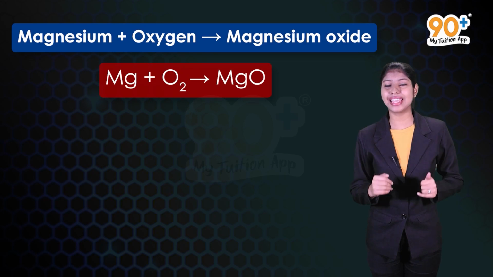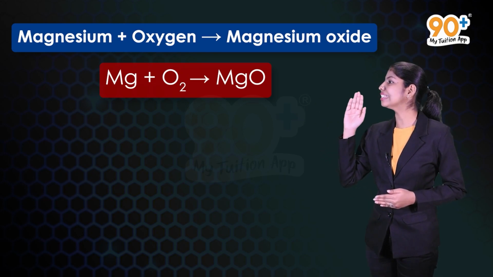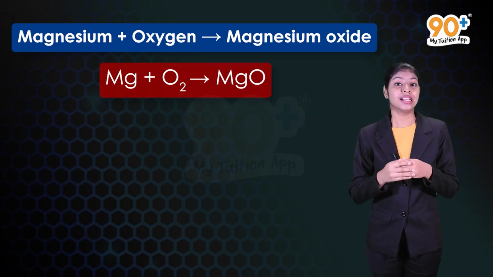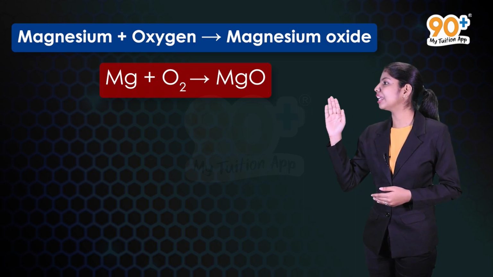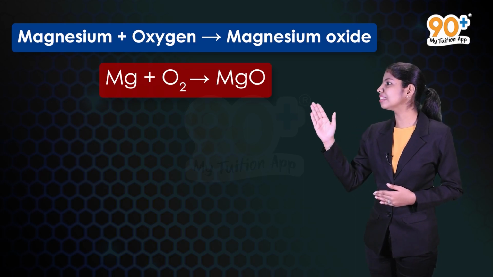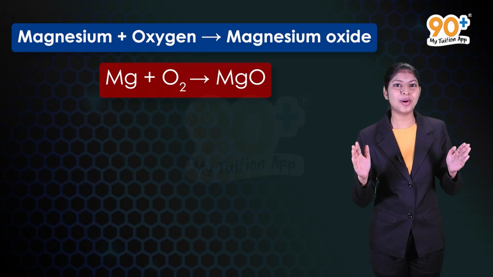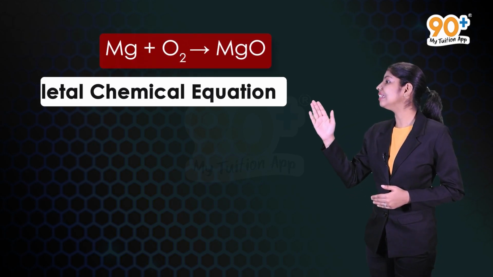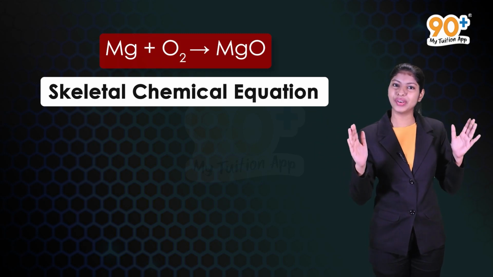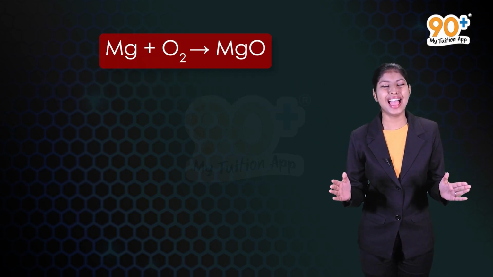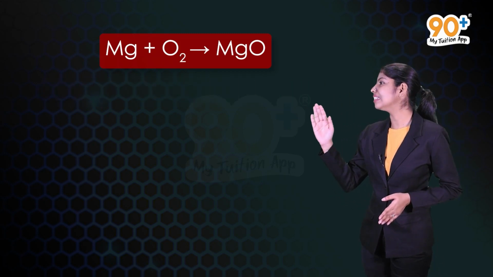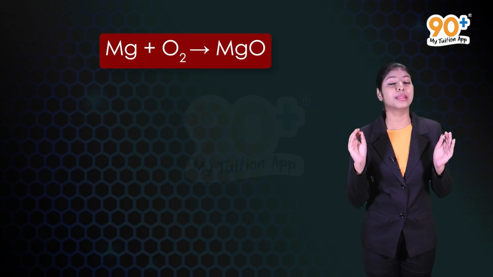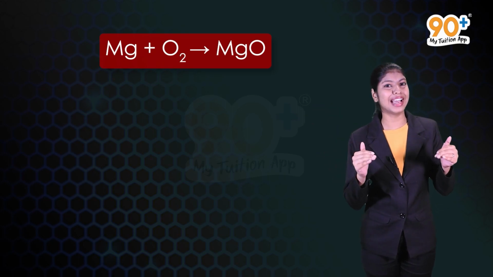Therefore, this equation is not a balanced one. This is an unbalanced equation because the mass is not the same on both sides. Such an equation is known as a skeletal chemical equation for a reaction. And we know that this chemical equation represents the burning of magnesium in air.